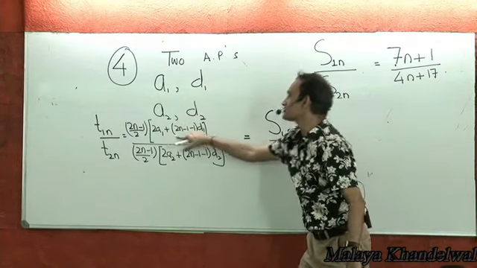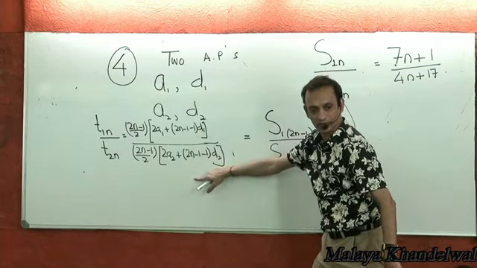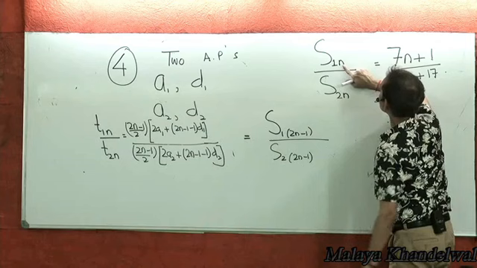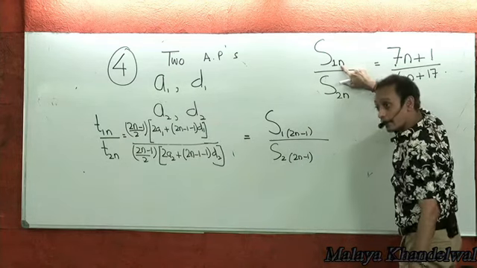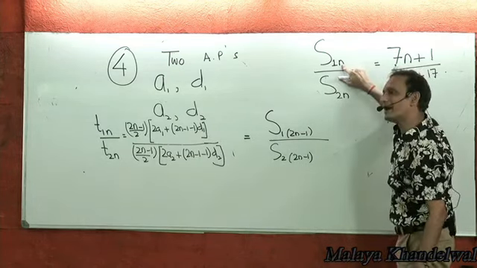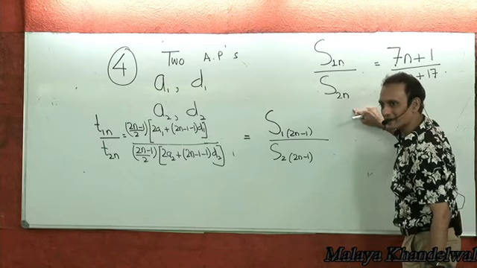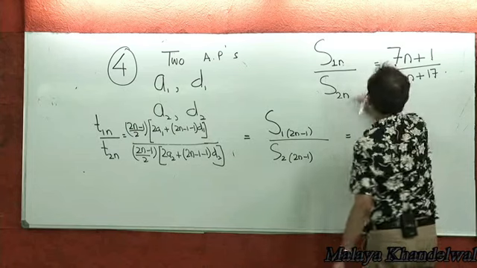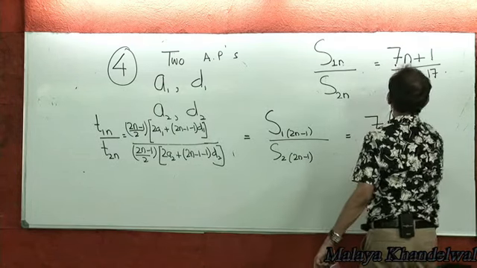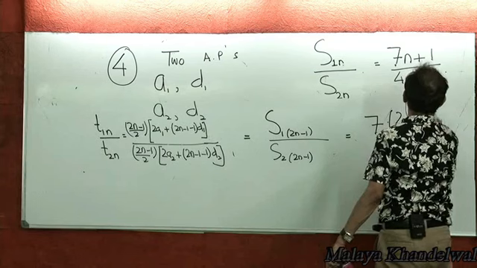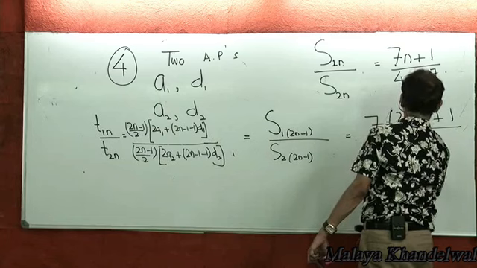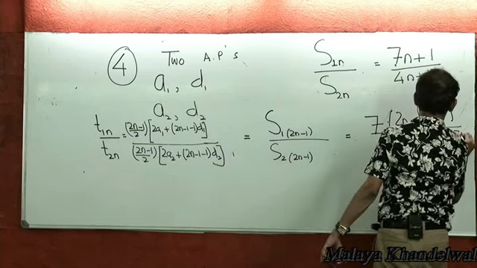Sum of the first 2n minus 1 terms of the first AP divided by sum of the first 2n minus 1 terms of the second AP. All that you need to do is, this is the sum of n terms, replace n by 2n minus 1 to get this. So in this, replace n by 2n minus 1. If you replace n by 2n minus 1, you end up getting 7 times (2n minus 1 plus 1) divided by 4 times (2n minus 1) plus 17.